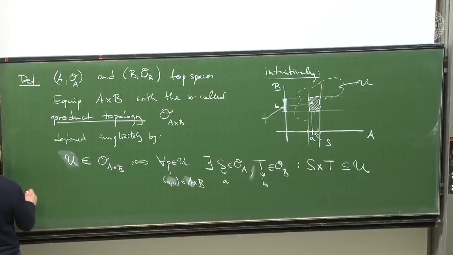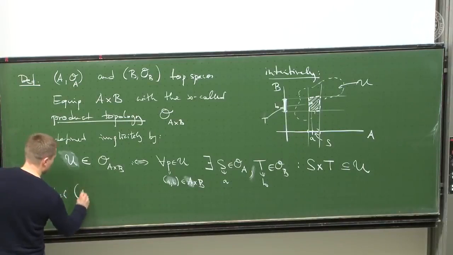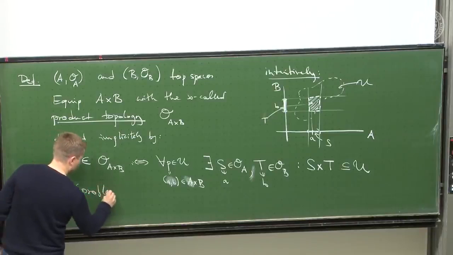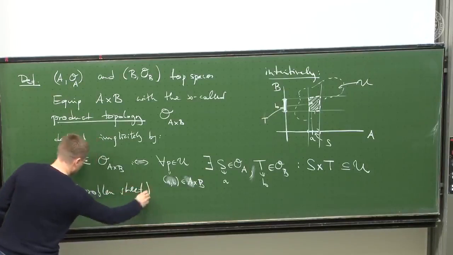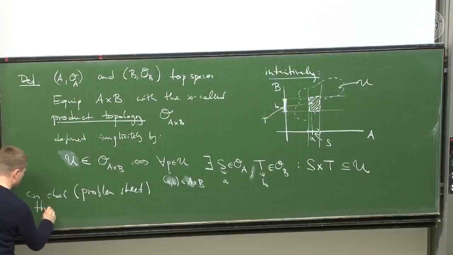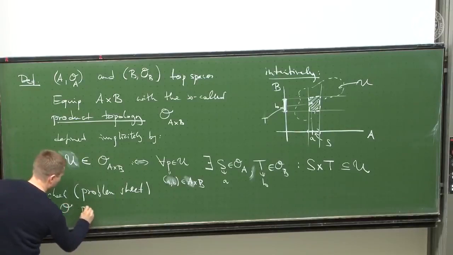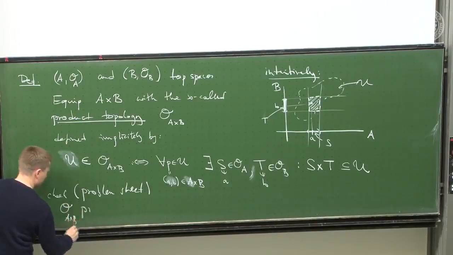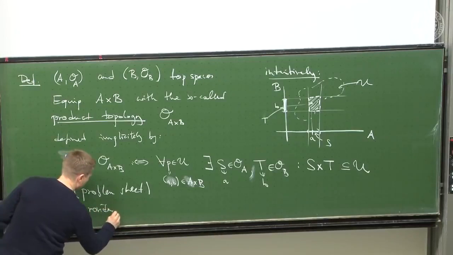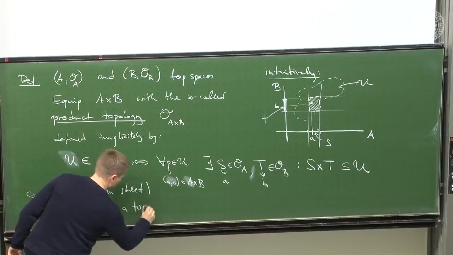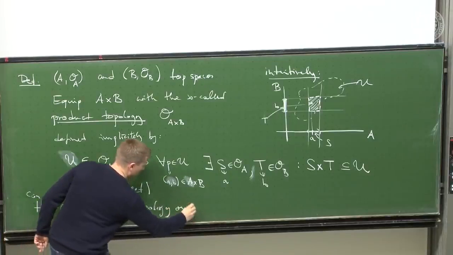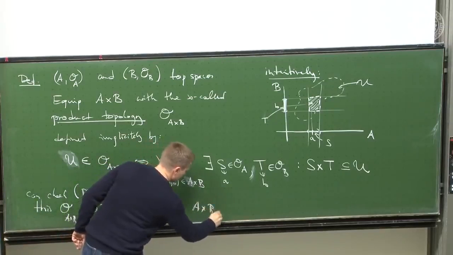And I ask you to check on the problem sheet that this O_{A×B} provides a topology on the Cartesian product A × B.